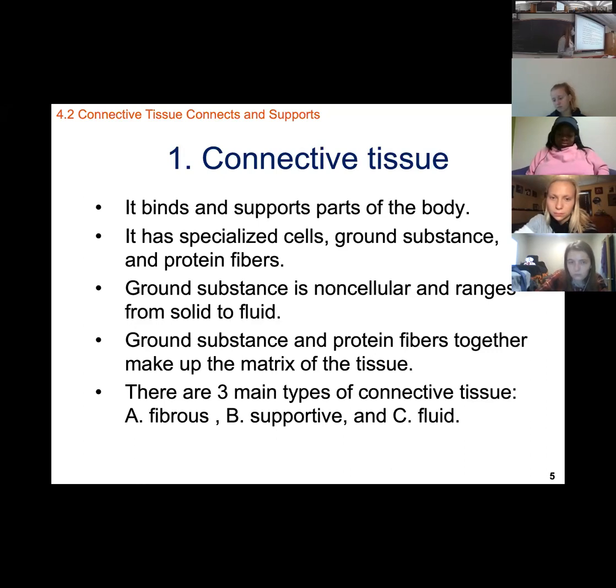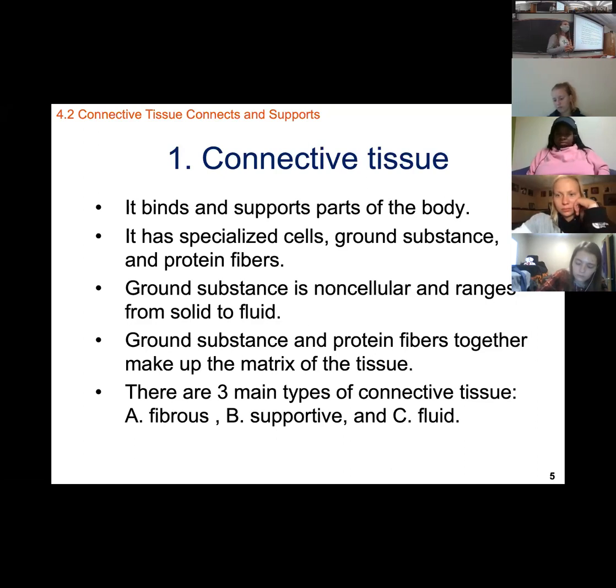So we have fibrous, supportive, and fluid. The protein fibers help things come together to make up the matrix of the tissue. So these are all the things that support and bind throughout the body.